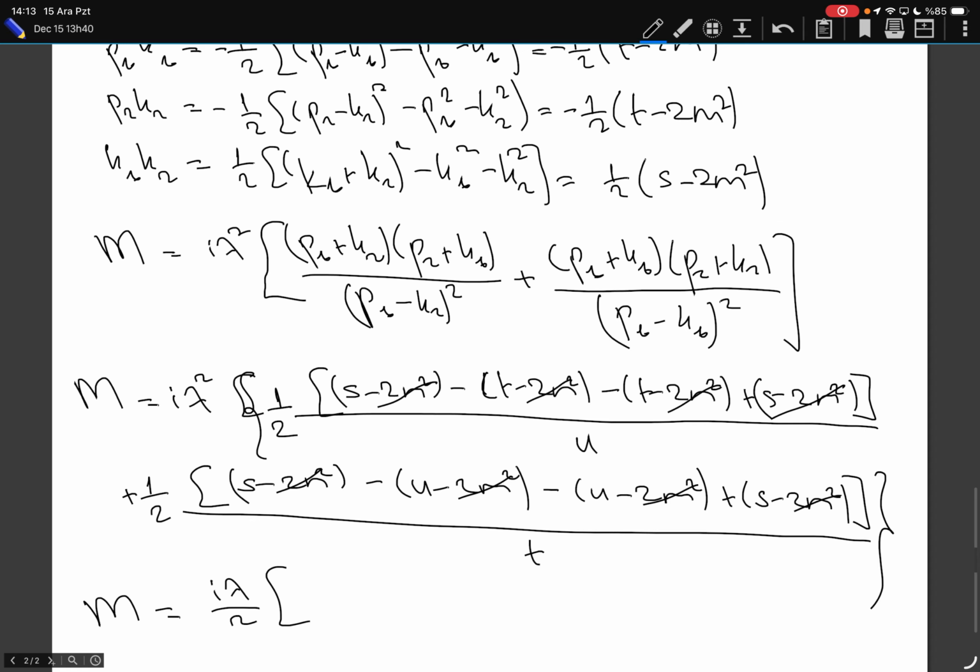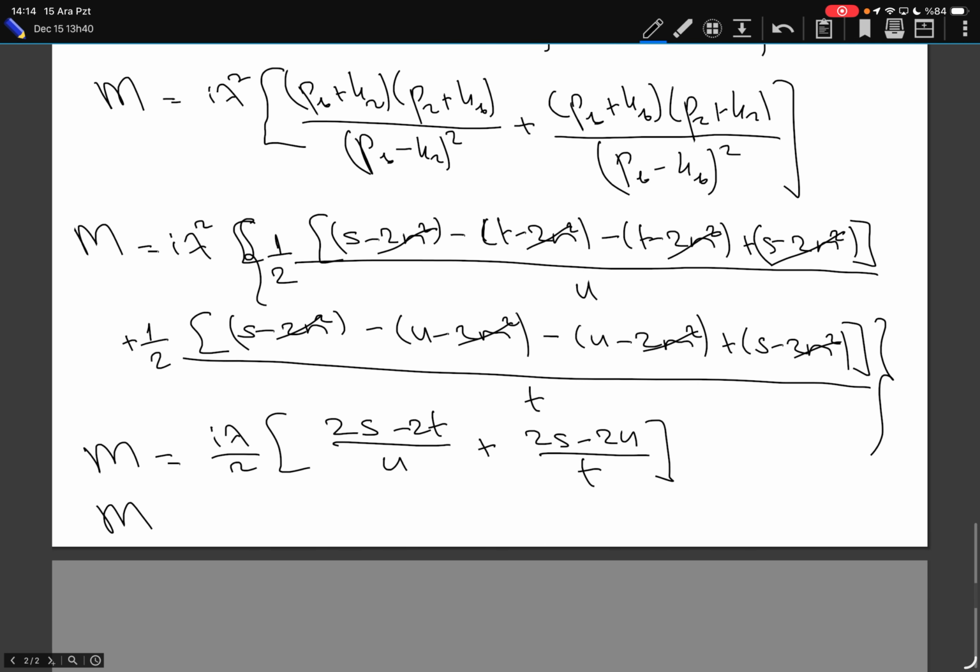I have 2s minus 2t divided by u plus 2s minus 2u divided by t, or M as a function of u, t, and s is I lambda times s minus t over u plus s minus u over t.